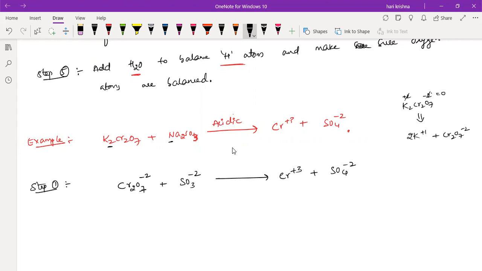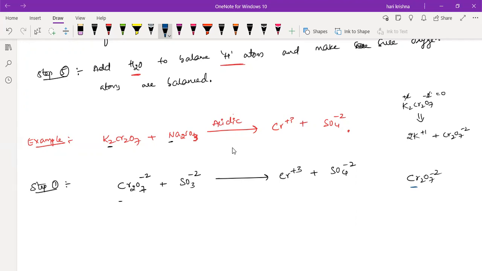Now find out the chromium oxidation state here. What is the oxidation state of chromium in Cr2O7 minus 2?